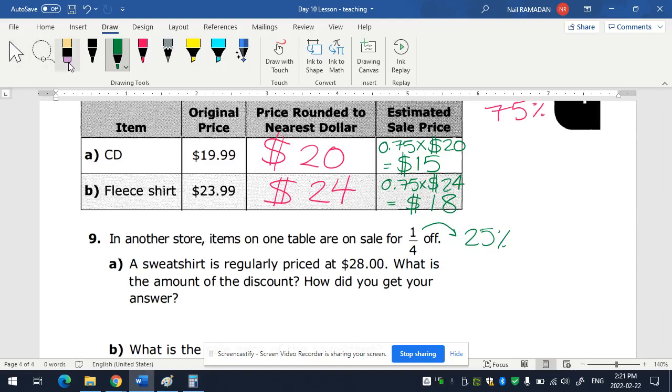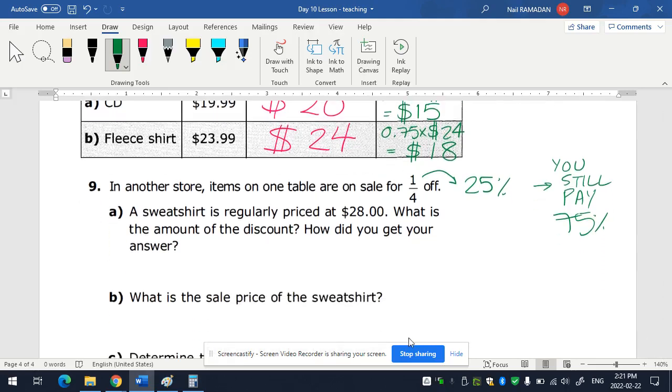So 25% off, which means you still pay 75%. All right. So what's the question? A sweatshirt is regularly, which means original price, $28. What's the amount of the discount? Oh, okay, sure. They want us to deal with the 25%. Fine, no problem.